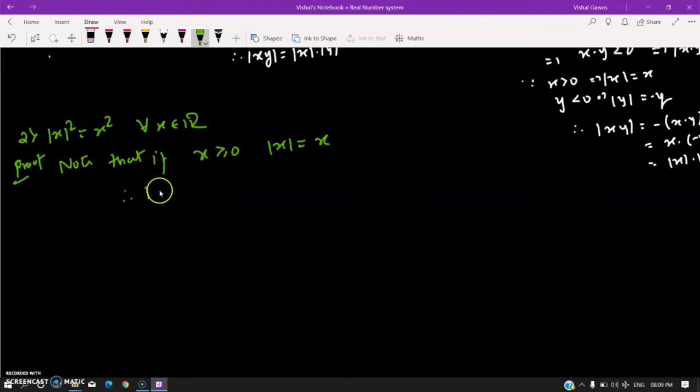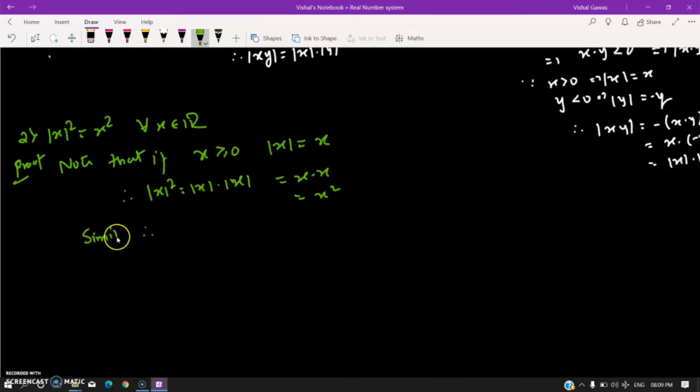Therefore mod x into mod x, which is nothing but mod x square, would be equal to x into x, which is nothing but x square.